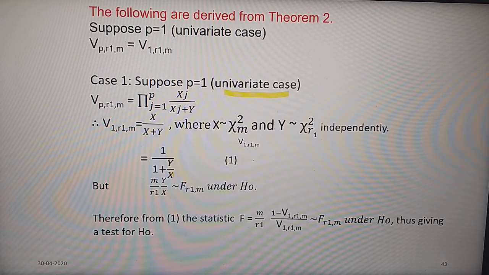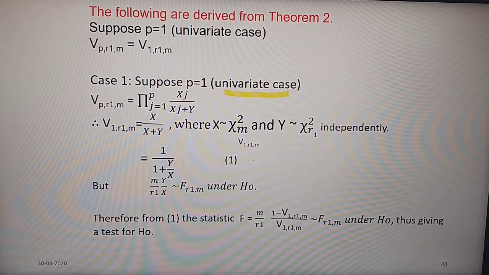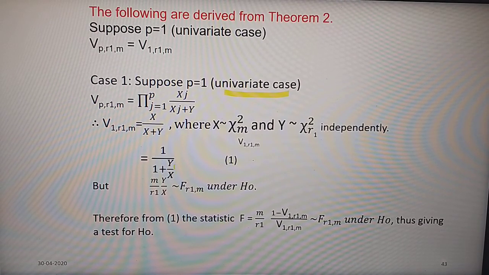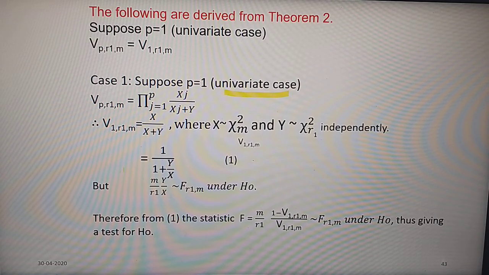After that, you simplify with this. So 1 plus F into V1(r1, m) is equal to 1. After that, you simplify.